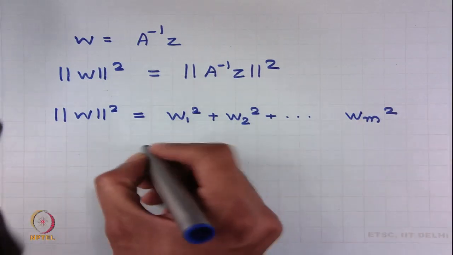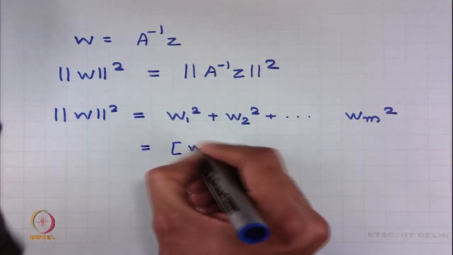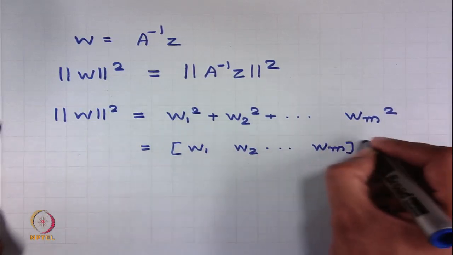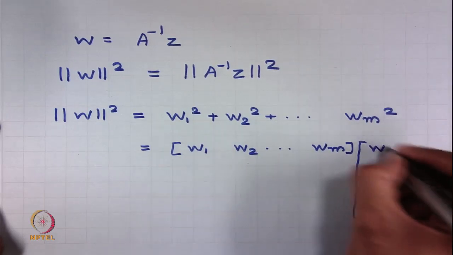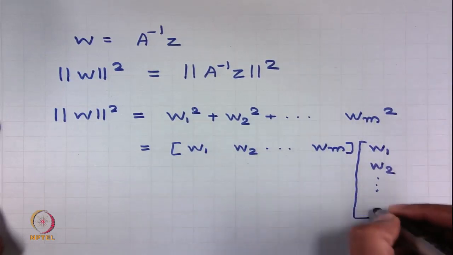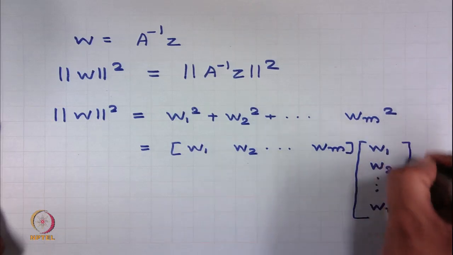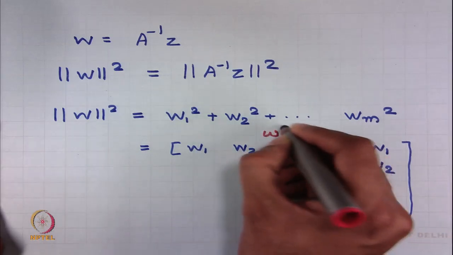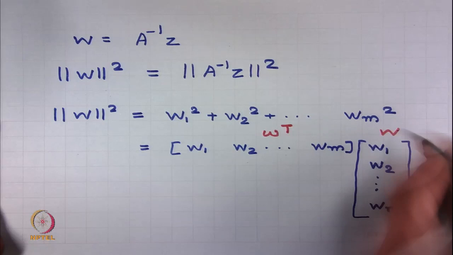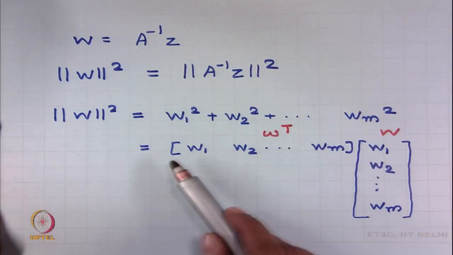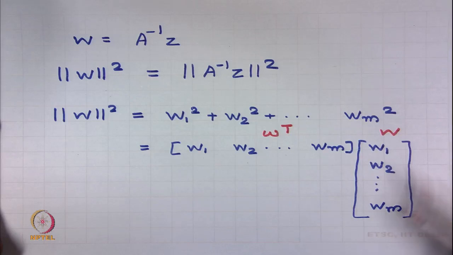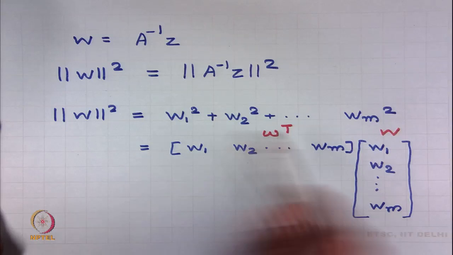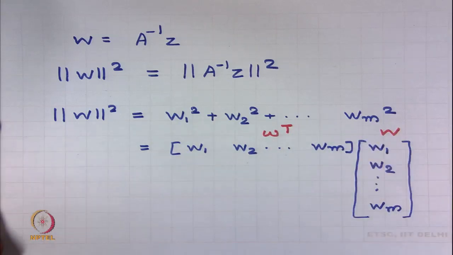And this is nothing but W1, W2, Wm multiplied by W1, W2, Wm, and this is what? This is W transpose and this is W. So, remember, as I have already said, the vectors are always assumed to be column vectors. So, this is a row vector, so it has to come with a transpose. So, this is W transpose times W.